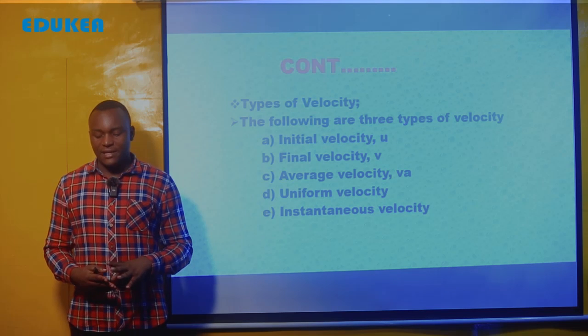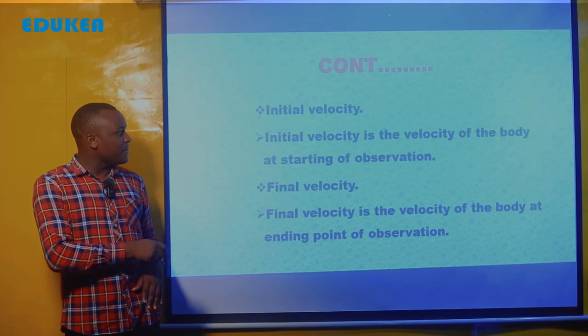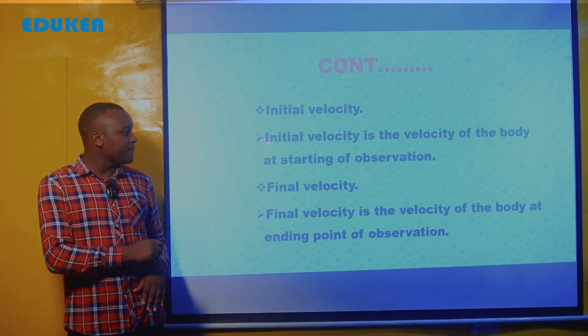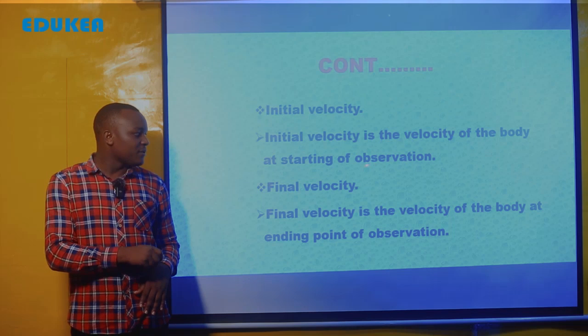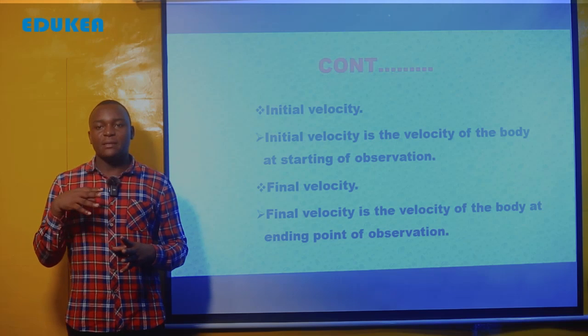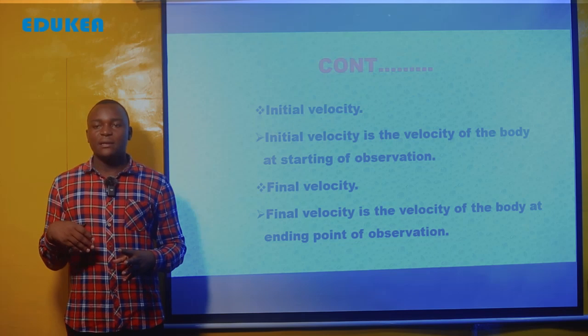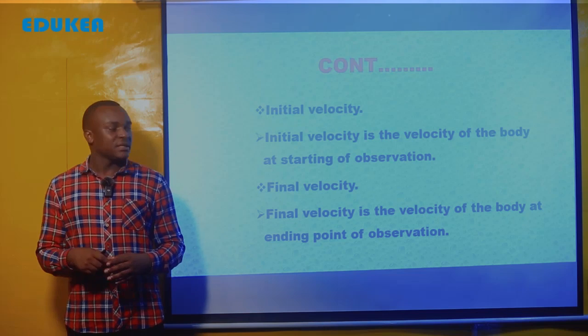When we say initial velocity, it is the velocity of the body at the starting of the observation. Kwamba pale unapoanza kuobserve a body ina start moving, the starting point pale ndo tunapata initial velocity of the body. But when we say final velocity, it is the velocity of the body at the ending point of the observation.